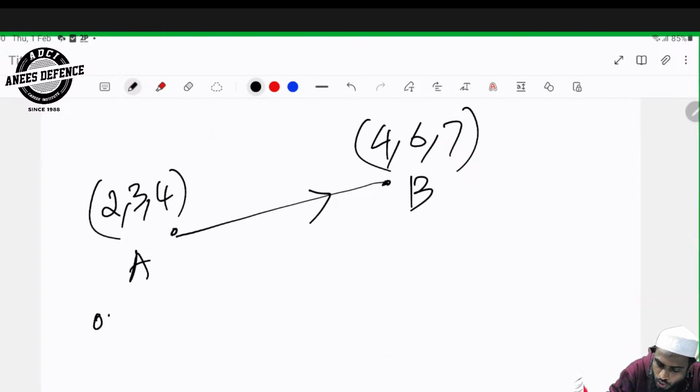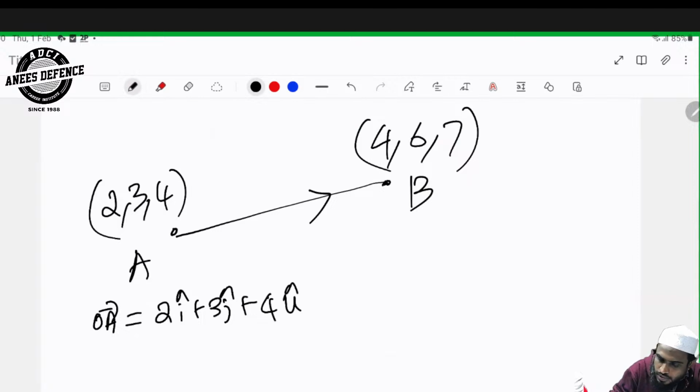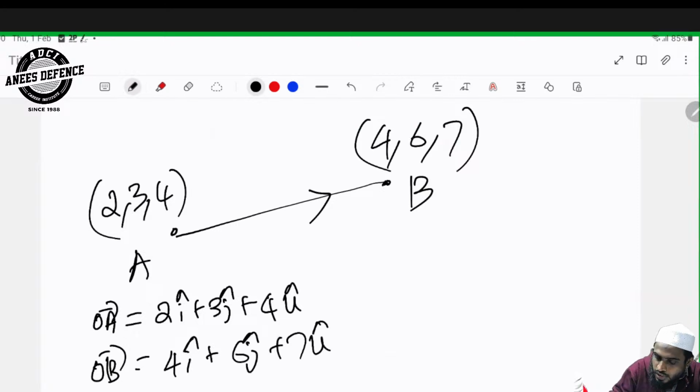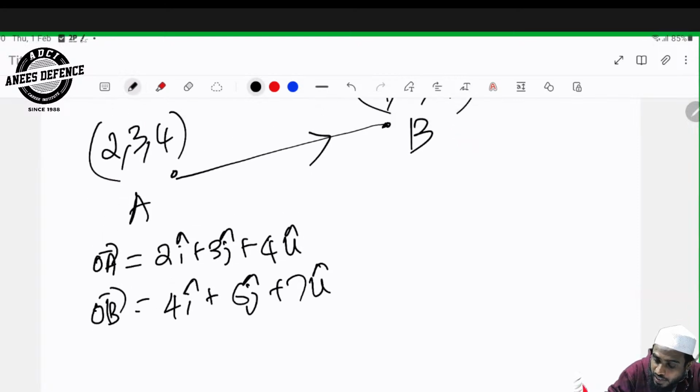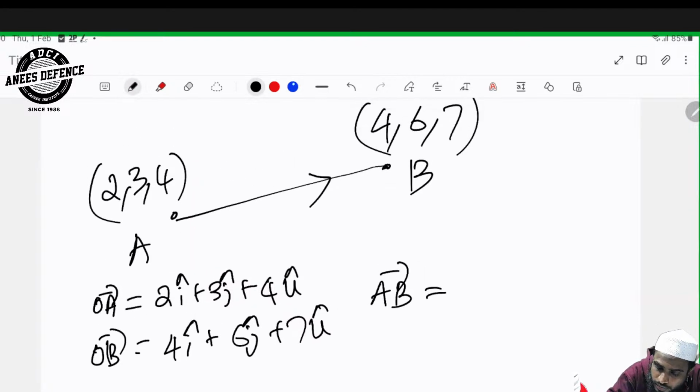So you have OA. What is OA? 2i plus 3j plus 4k. What is OB? 4i plus 6j plus 7k. Then you have to develop a vector AB. From where are you starting?